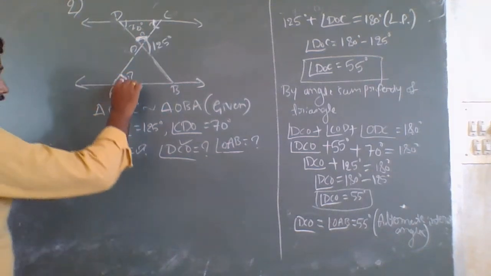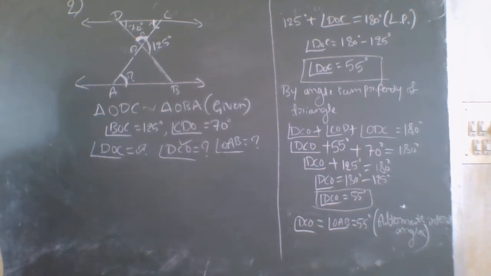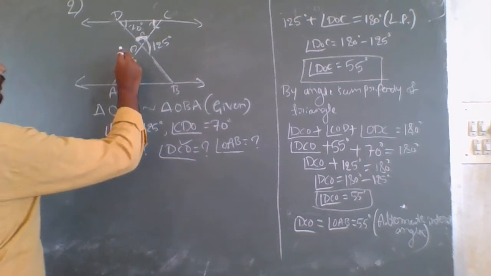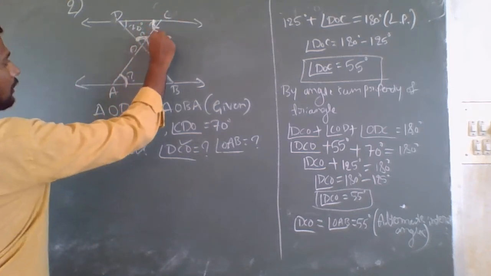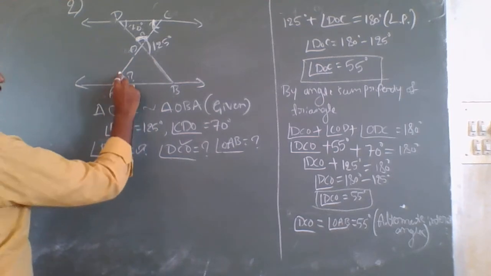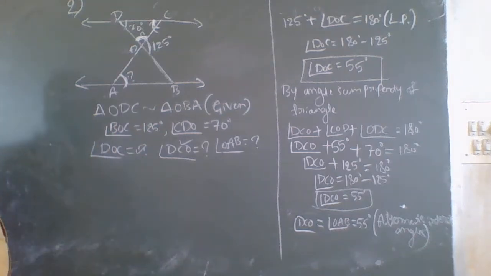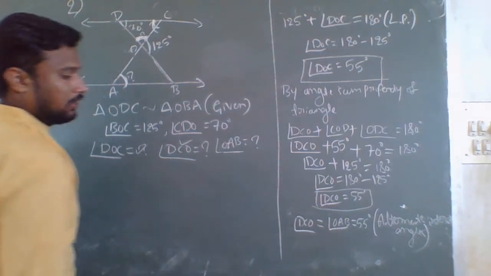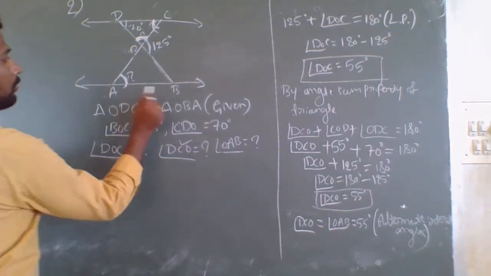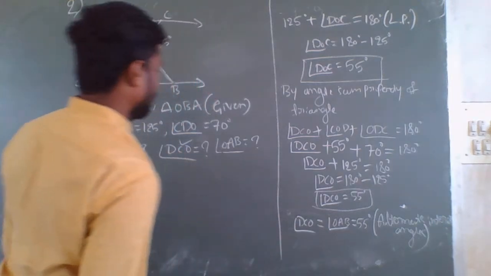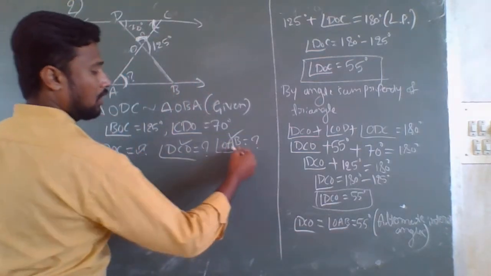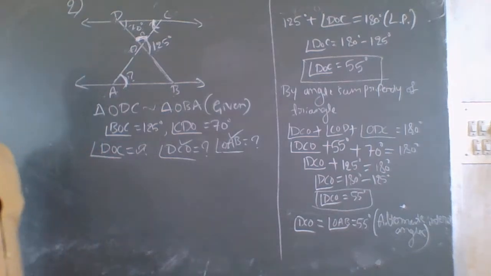If these two are alternate interior angles, then angle DCO is equal to angle OAB. We got the value of angle DCO as 55 degree. Therefore, angle OAB is also 55 degree. So the value of angle OAB is 55 degree.